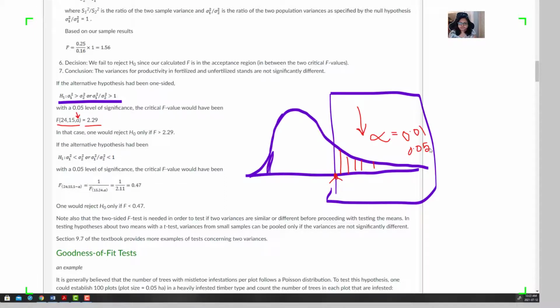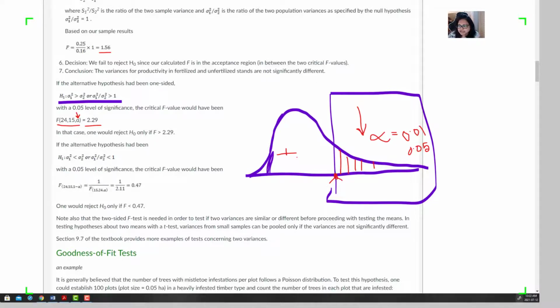You can see that 1.56 falls in this region. That means we cannot reject the null hypothesis. Otherwise, the variance for the first population would be larger than the variance for the other population, and the null hypothesis would be rejected.